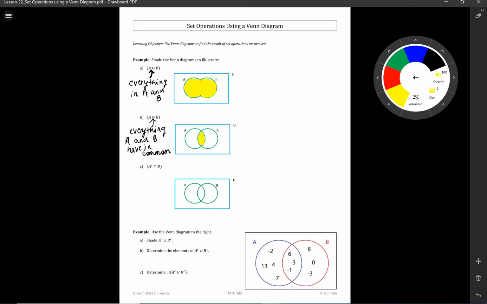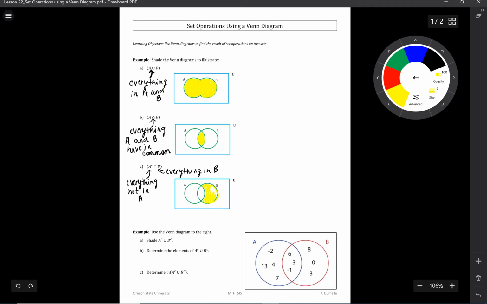And part C asks for the intersection of A complement and B. A complement, remember, is everything not in A. And then I want to find the intersection of everything that's not in A with everything that is in B. Well, here I do see that A and B have some sort of intersection, so I know that I can't shade the intersection because that is included in A, and I want everything that's not in A. So everything that is in A complement that is also in B will consist of this region right here.